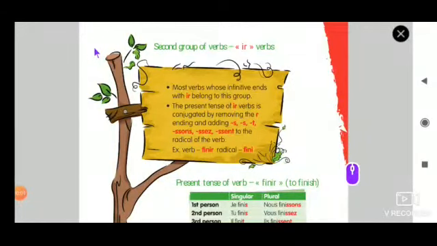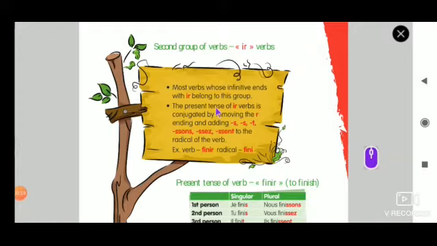Okay, now we are going to see the second group of verbs, that is IR verbs, as we have explained on the board already. Most verbs whose infinitive ends with IR belong to this group. So we have learned three forms of verbs. The second group of verbs is IR, and here's the ending.